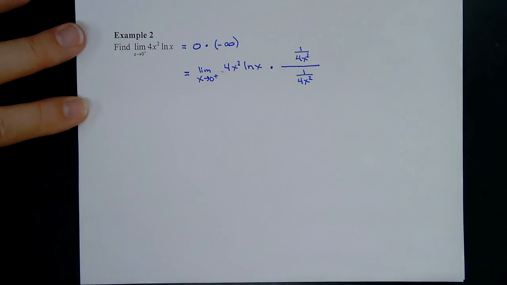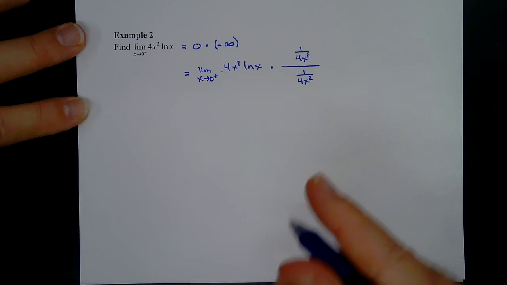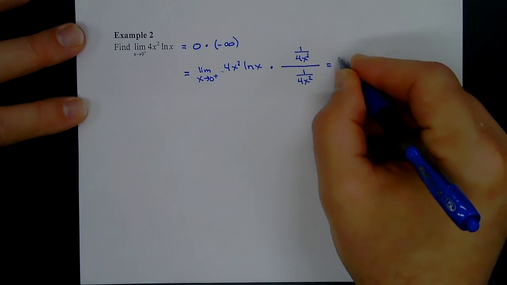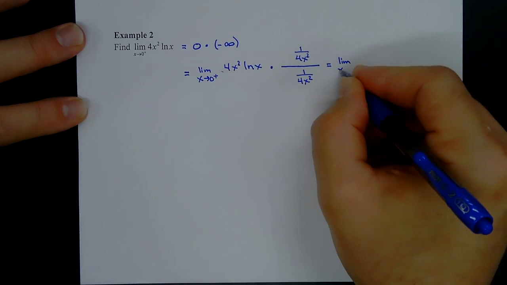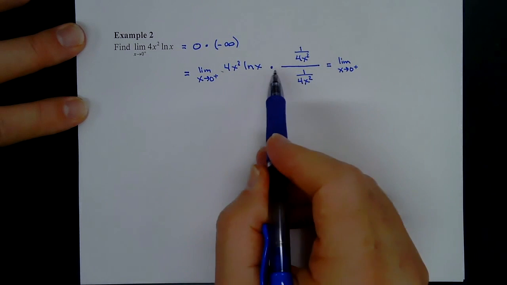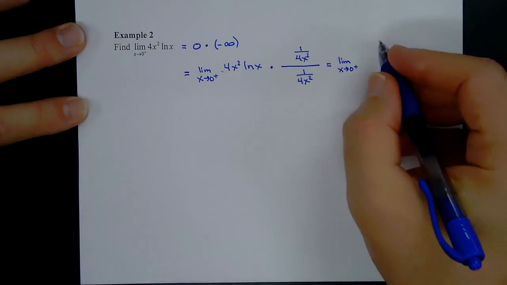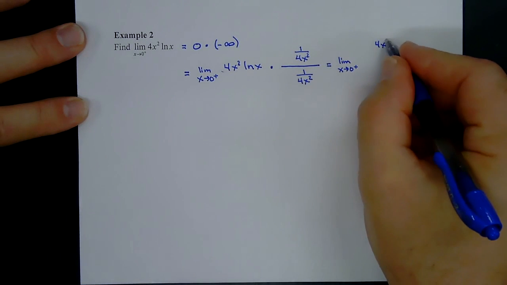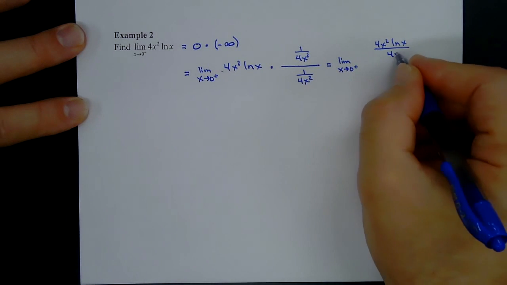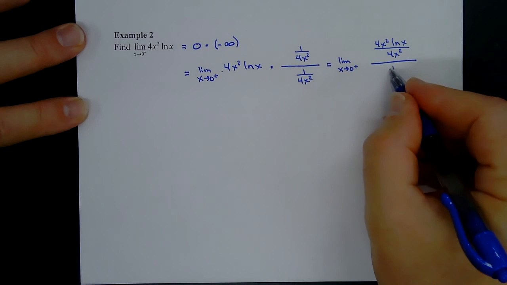What this is going to cause is a complex fraction, or a quotient. So this is equivalent to the limit as x approaches 0 from the right of 4x squared ln of x over 4x squared, over 1 over 4x squared.